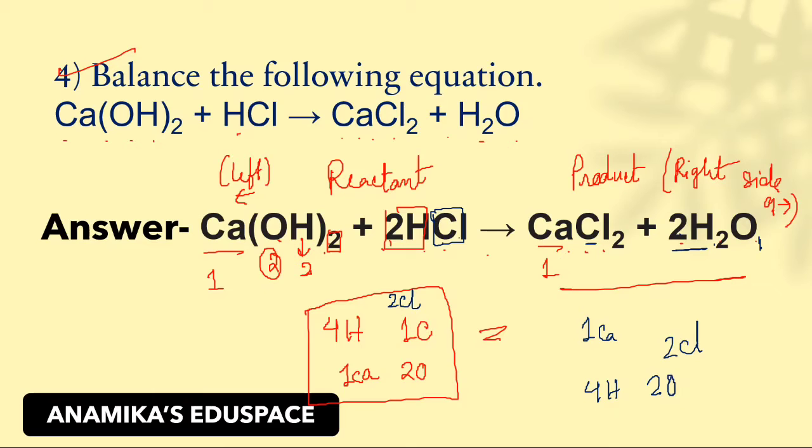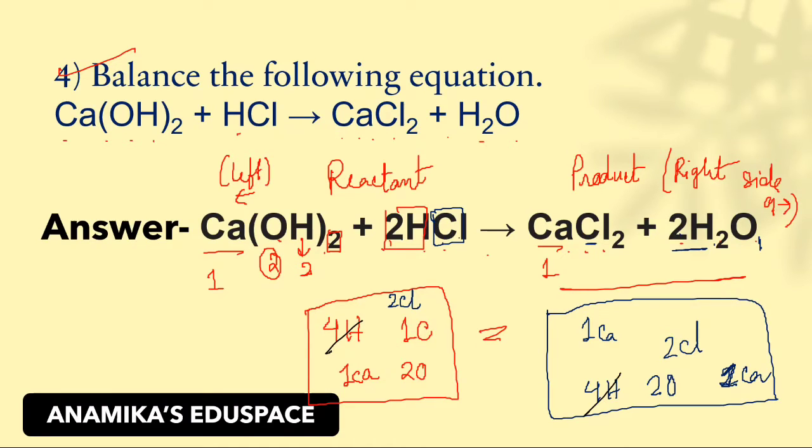Now we will check whether it is correct or not. Clear? So 4H, 4H, 2Cl, 2Cl, 1Ca, 1Ca, 2 oxygen, 2 oxygen. Here we can see that everything present on the left hand side is equal to the right hand side.